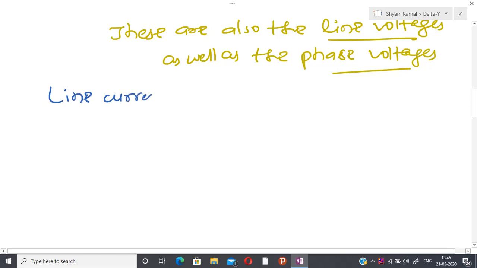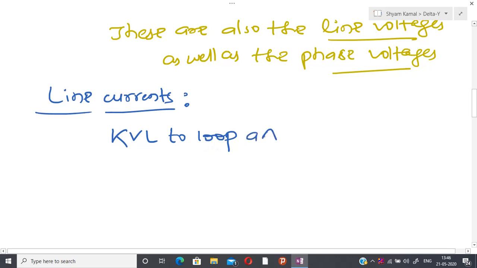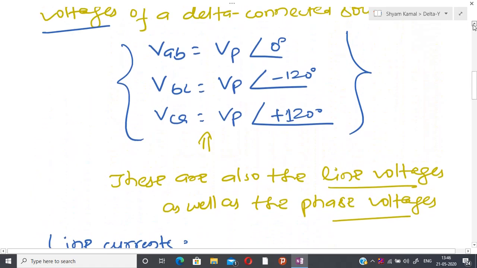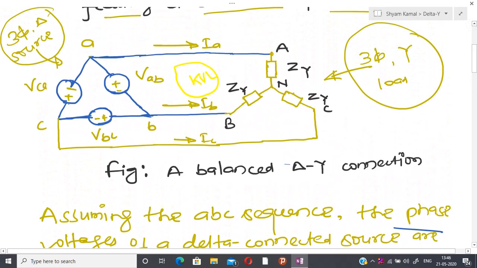I have three lines, so line currents. I am going to apply KVL to the loop, and I have identified that loop, that is A N B b a. Basically I have a Y connected load, and in case of a Y connected load, this is basically N.